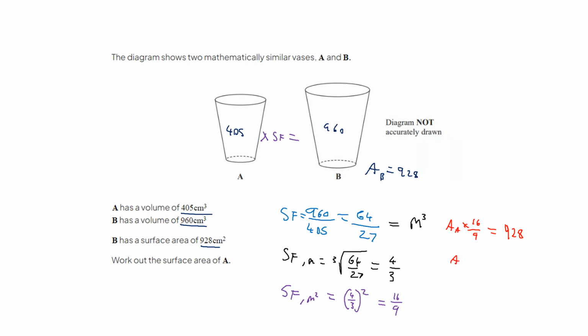And so therefore area A is going to be 928 divided by 16 over 9. And if we plug that into our calculators, we should get an answer of 522 centimeters squared, okay? The important thing to note is, look at the index of the unit.